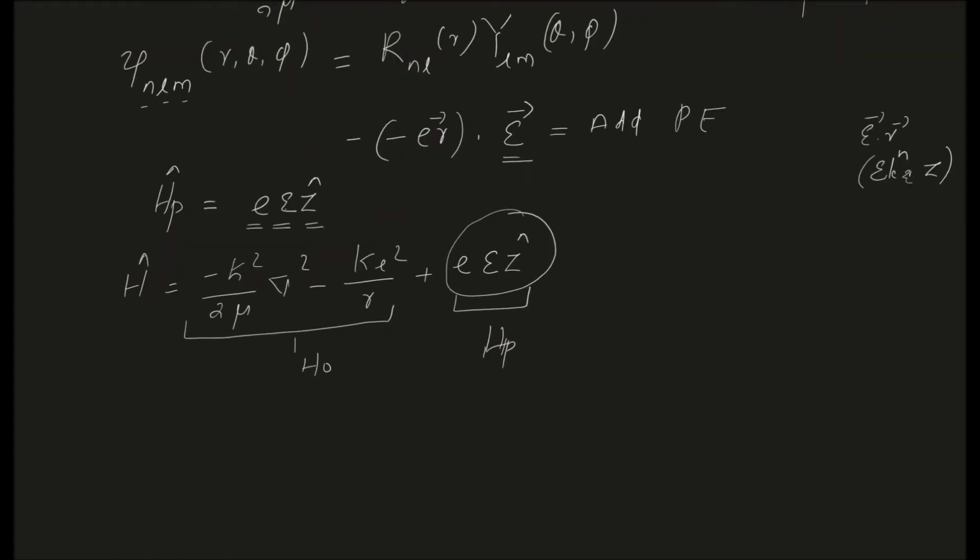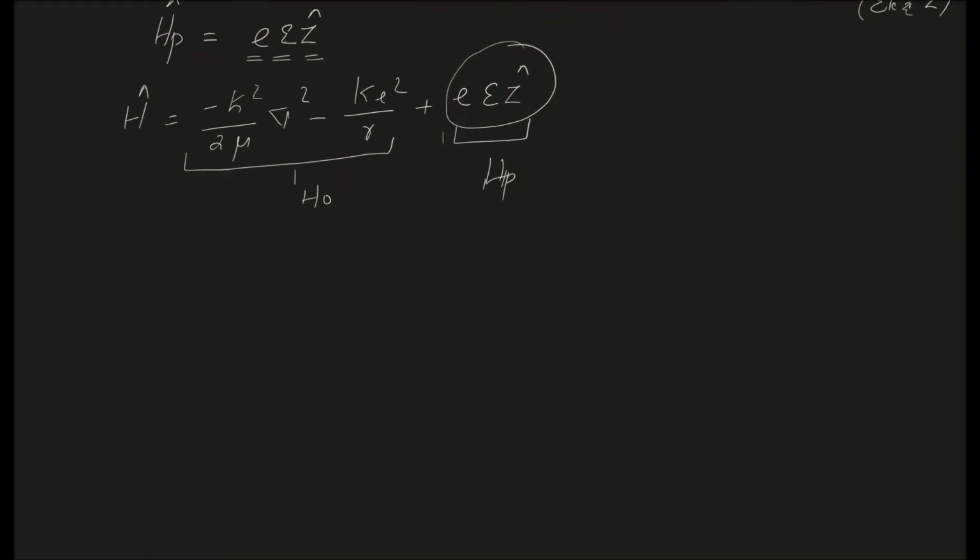Now, since the excited states of hydrogen atoms are degenerate, we cannot use non-degenerate perturbation theory to analyze the excited states. However, we know that the ground state is a non-degenerate state. So non-degenerate perturbation theory can be applied only to the ground state of the hydrogen atom. So what is that ground state?